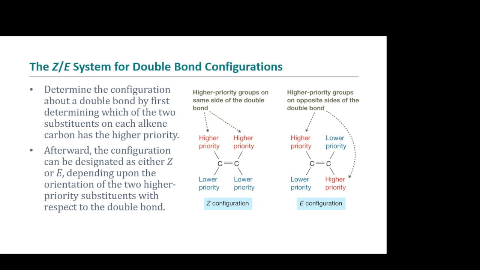Okay, everybody say this with me. Ready? On Z same side. And so Z is on Z same side, right? Okay. Does anybody know why that's actually Z and E? This is German.